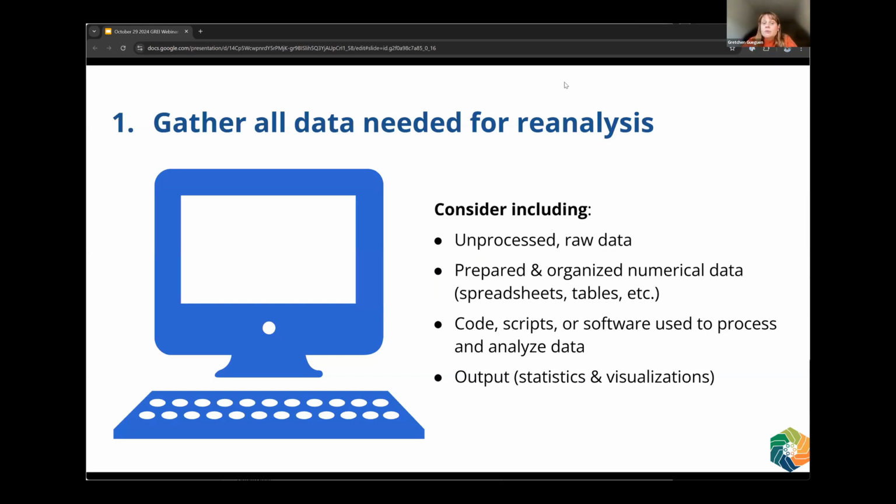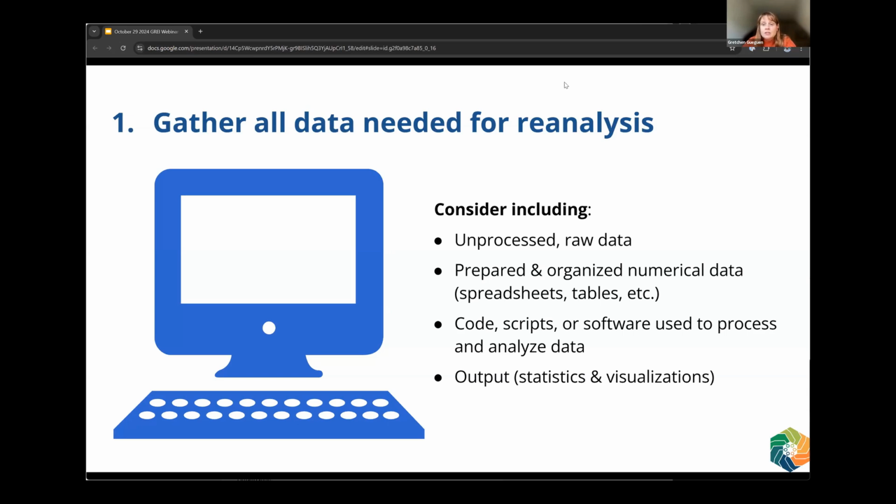It's important to provide both unprocessed and processed data if you can, because the unprocessed data can be very valuable for reanalysis. Including that unprocessed data ensures that, first of all, no details are lost when you process it, and any issues that may have happened through the processing pipeline can be discovered and rectified that way.